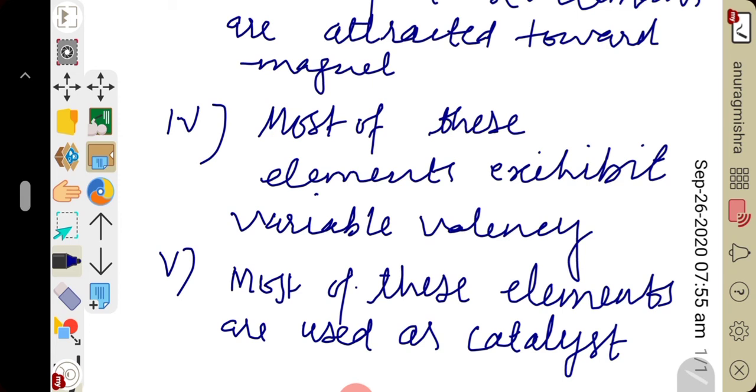The substance which accelerates the rate of a chemical reaction without being involved in it is known as a catalyst. So most of the d block elements or transition elements act as a catalyst, right?